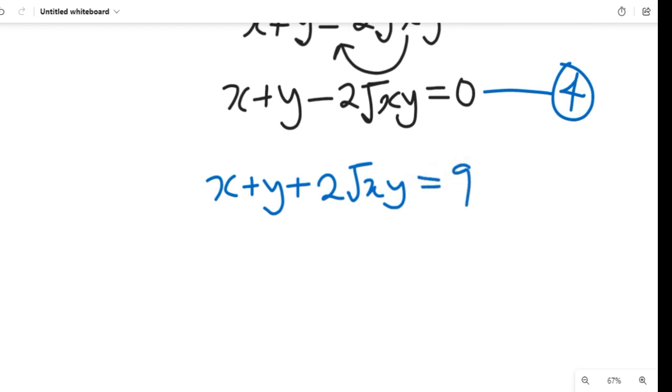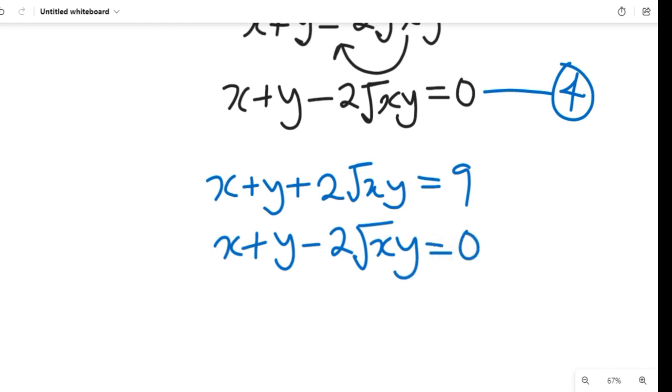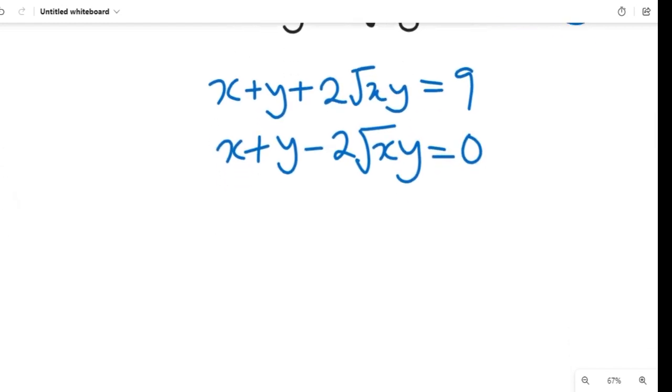And we have equation 4 to be x plus y minus 2 root xy, that's equal to 0. So to solve this using the elimination method, let us add both sides.